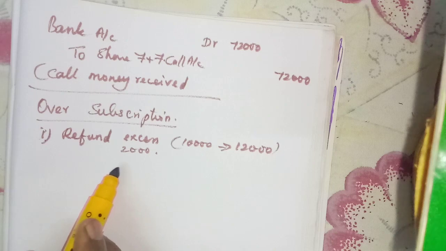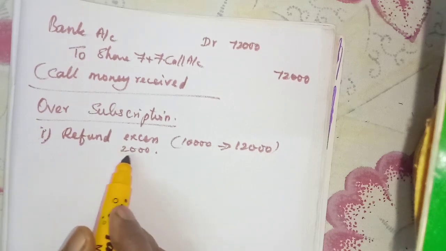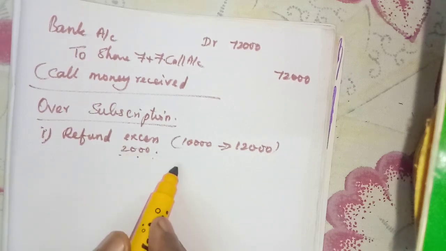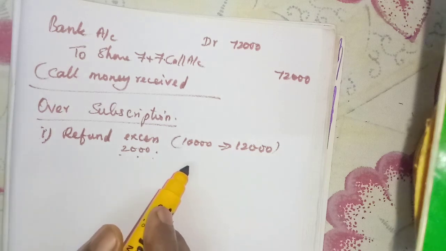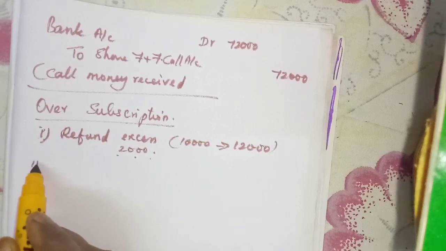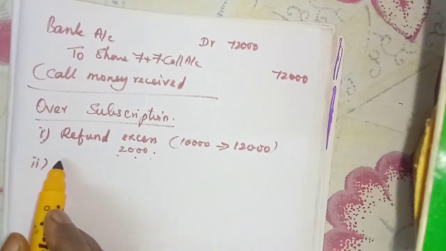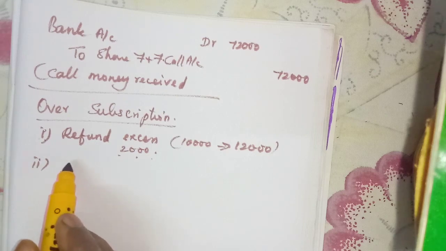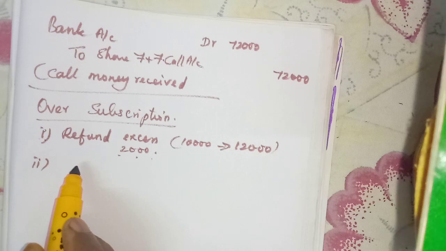So they have to return back that 2,000 rupees to the applicants. That is refunding the application money. Otherwise, they will adjust the excess amount with the allotment.